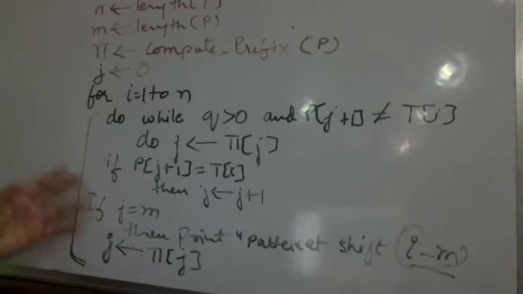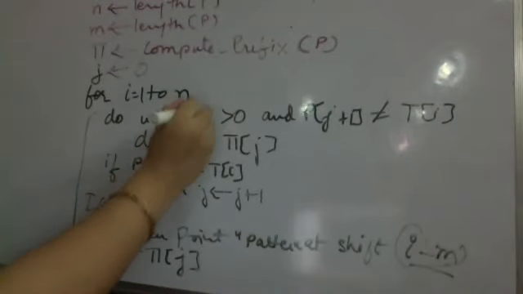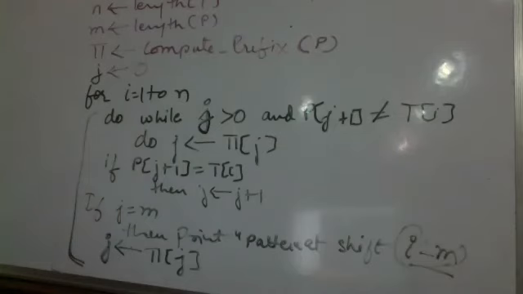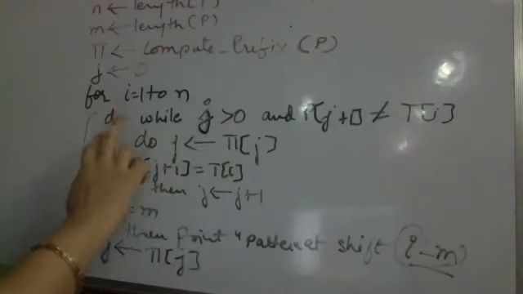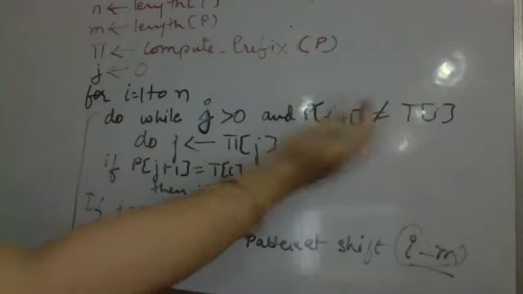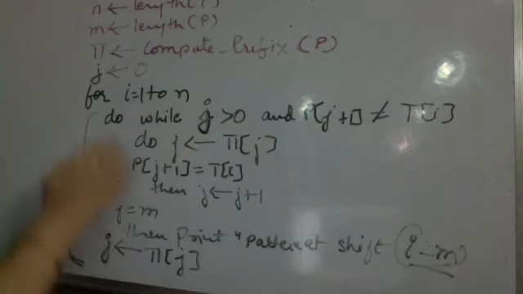What I just explained with I and J is the same thing that I have written in mathematical terms. Don't take it as Q, take it as J here, so that you understand what I have just told you. If J is greater than 0, that means some prefix is possible, so until the next character is also the same, reduce the value of J, keep reducing it.